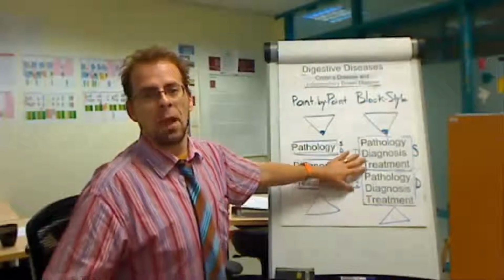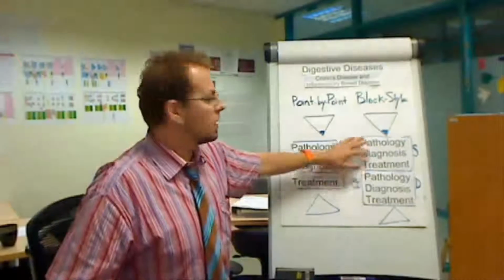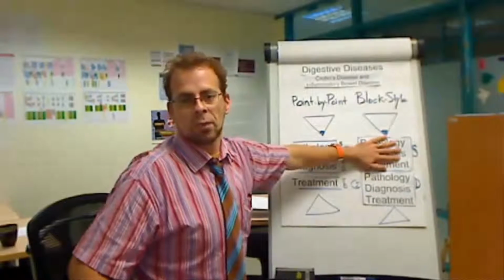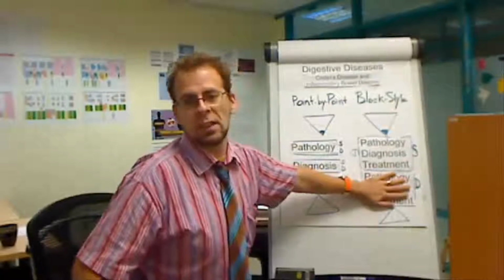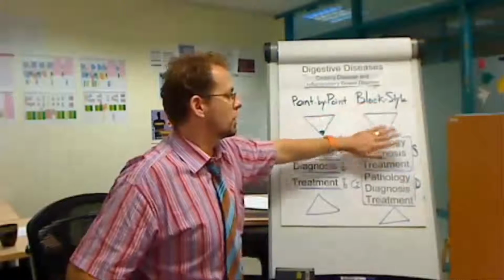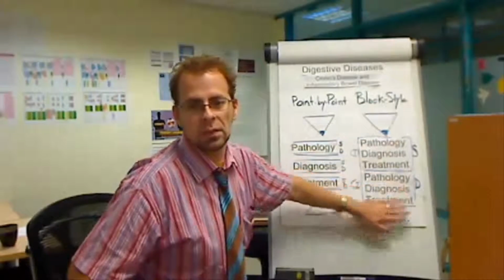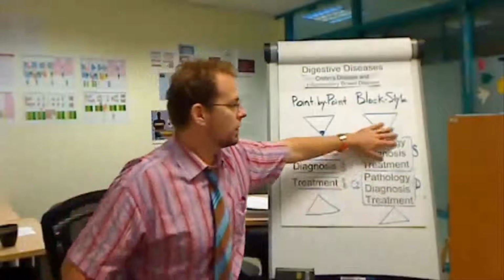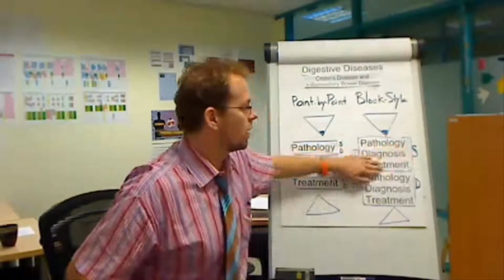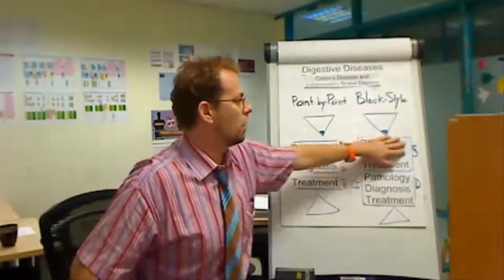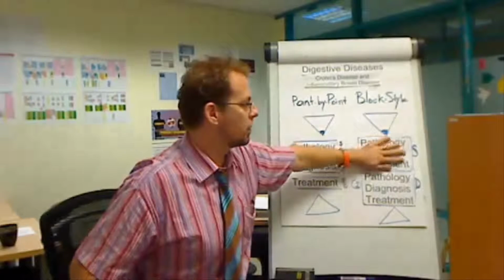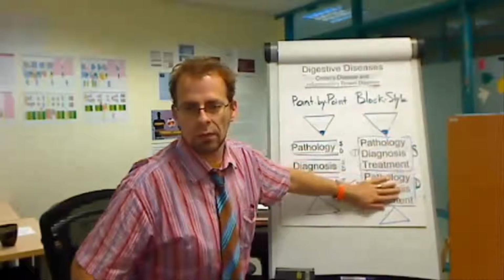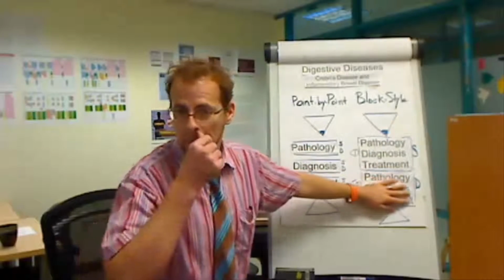Block style arrangement is, we talk about all the similarities first, then we talk about all the differences next. Introduction, similarities, differences, conclusion. The reason it's called block is we've grouped all of these as one according to similarities, and all of these as one according to differences.